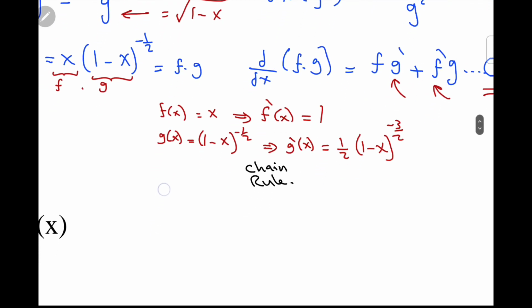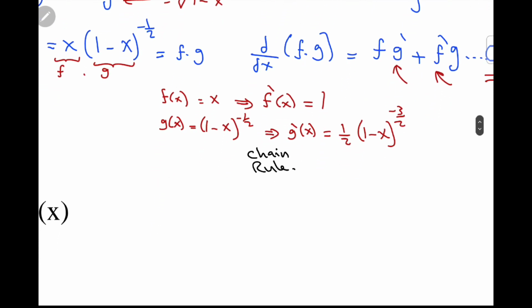How does the chain rule work out? You can see that g of x looks like a function similar to something like u to the power of −1/2.